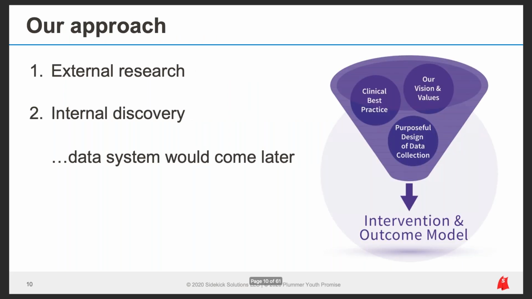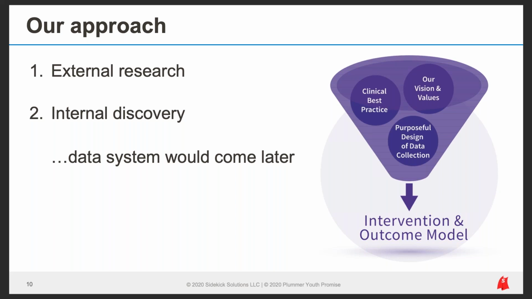So we applied kind of a twofold approach to designing our model. First, the research. We learned as much as we could about the existing outcomes for the kind of young people that we served. So we sourced information both in the field of child welfare, as well as conducting a really deep dive into whatever data sets we did have from young people who had discharged from our program.